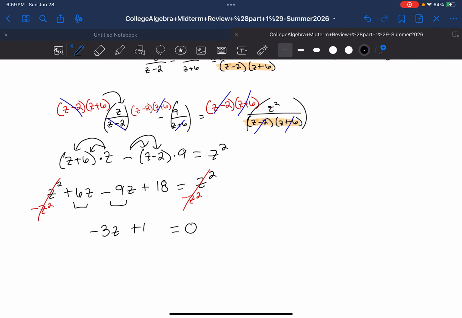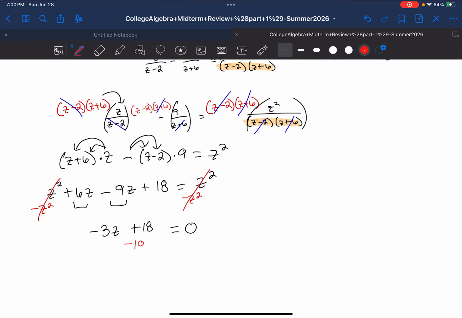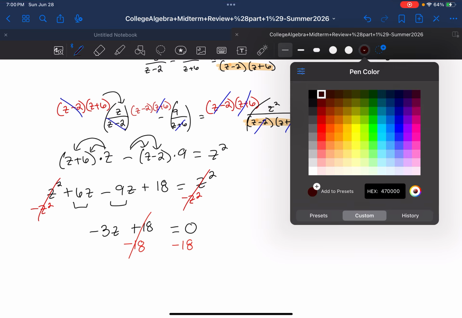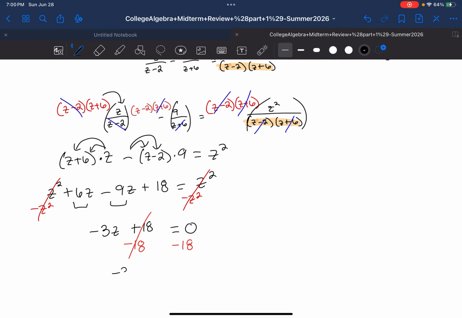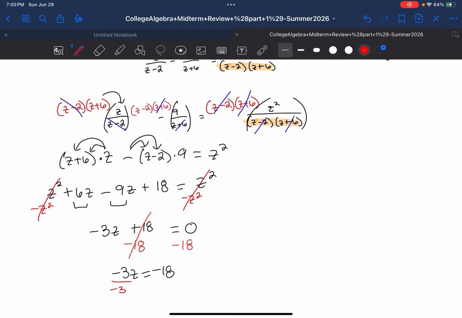Bring down my plus 18. And then subtract the 18 to both sides. So negative 3z is equal to negative 18. Divide by negative 3. So z is equal to a positive 6.